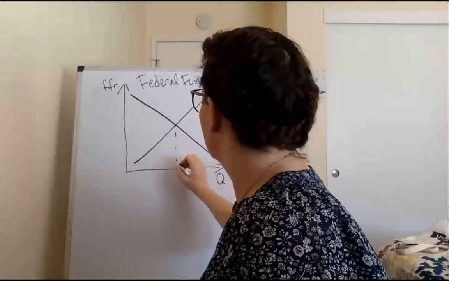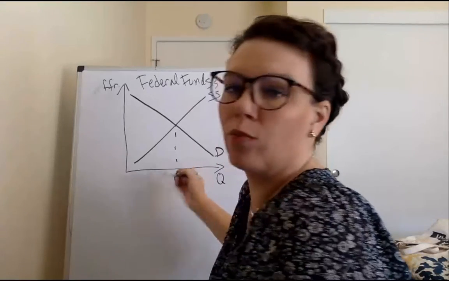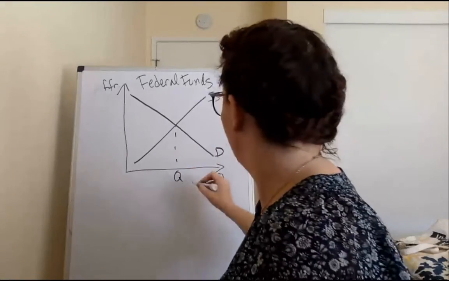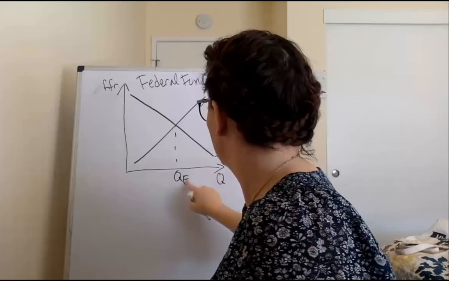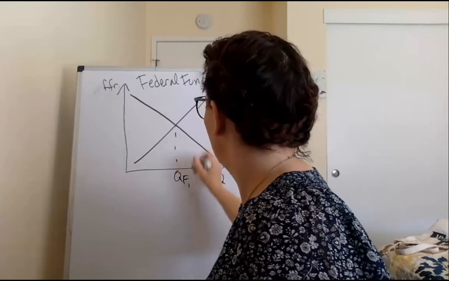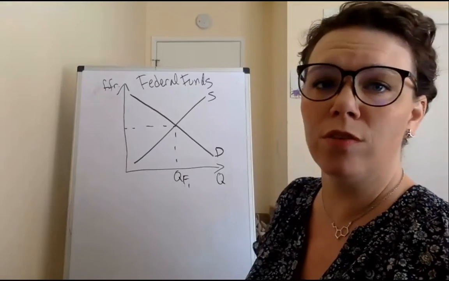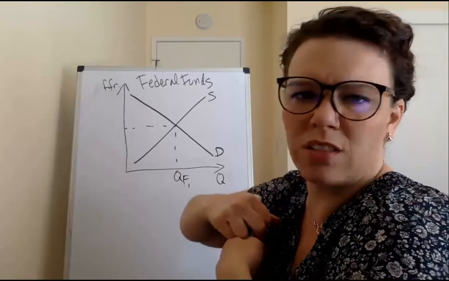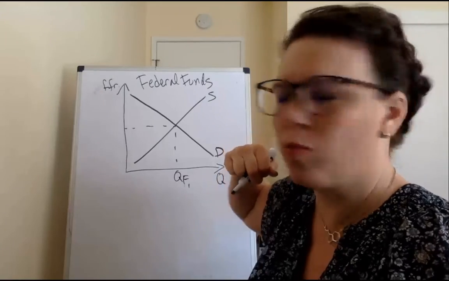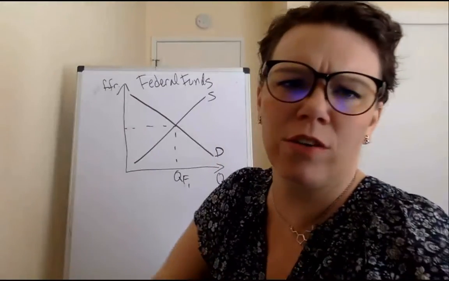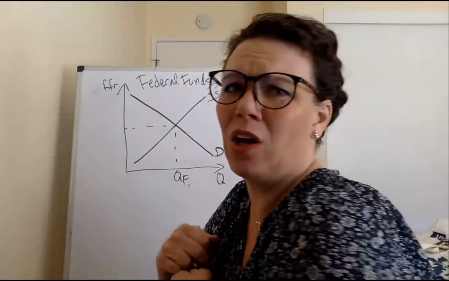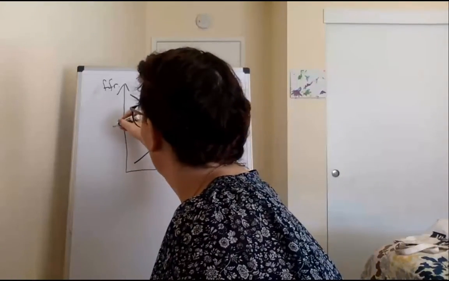And what we'll see is basically if there's some equilibrium quantity of federal funds, let's say that's F1, and some current interest rate associated with those federal funds. In the book, it starts out in equilibrium at like 1.5%. I think the current federal funds rate is pretty low, in the neighborhood of 1%.